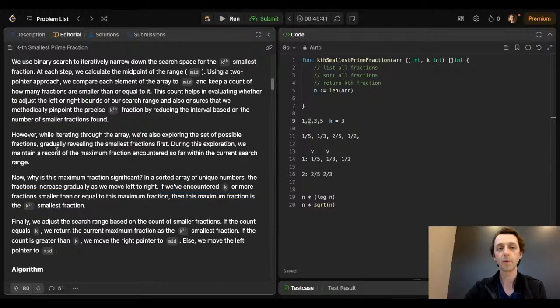We maintain a record of the maximum fraction encountered so far. And they're saying that k or more fractions are smaller than or equal, generally revealing the smallest fraction first.